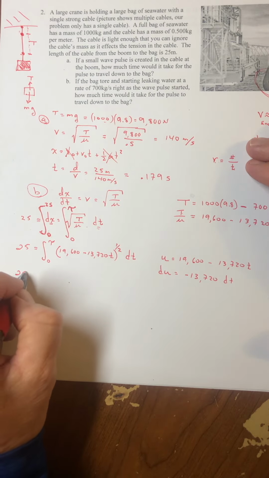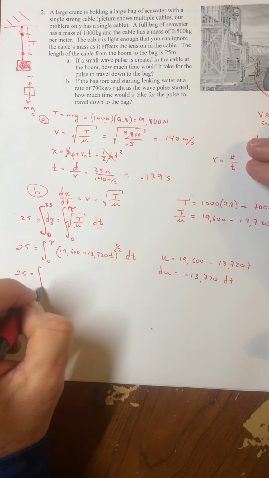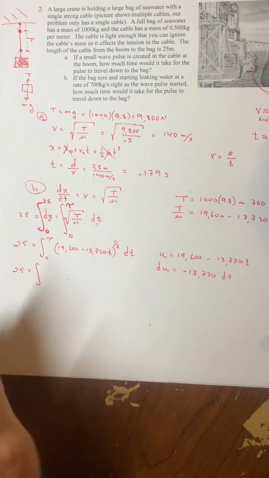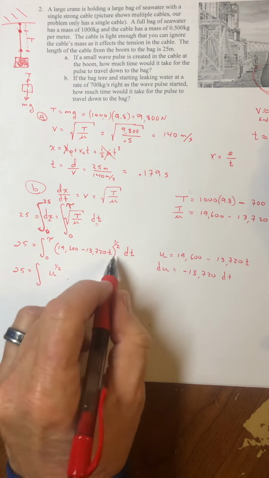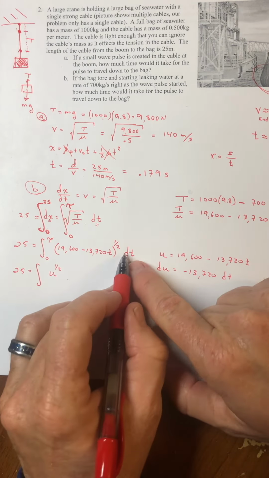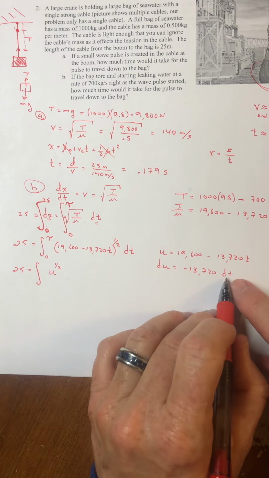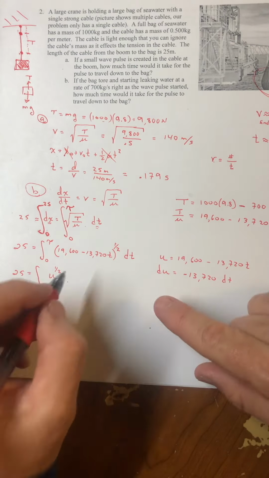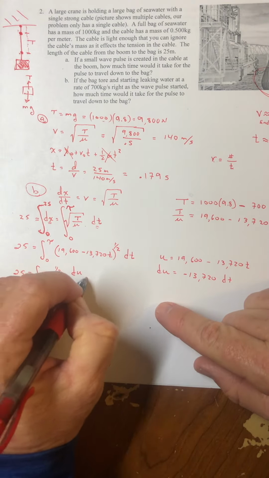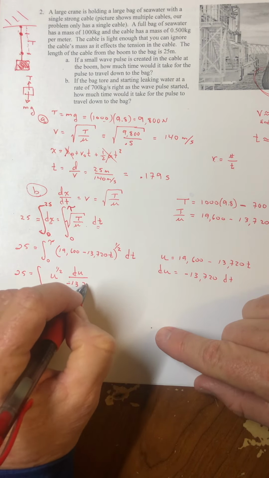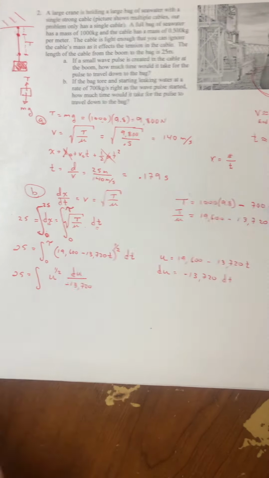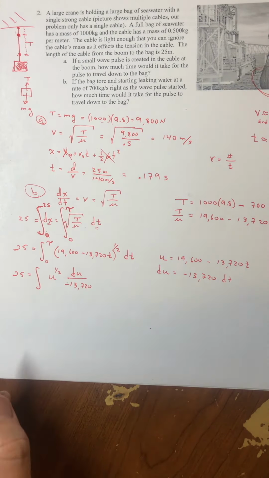I can then solve this by changing this to a u to the 1/2, and then solve for dt, which would be du over this negative 13,720 when I move that to the other side.